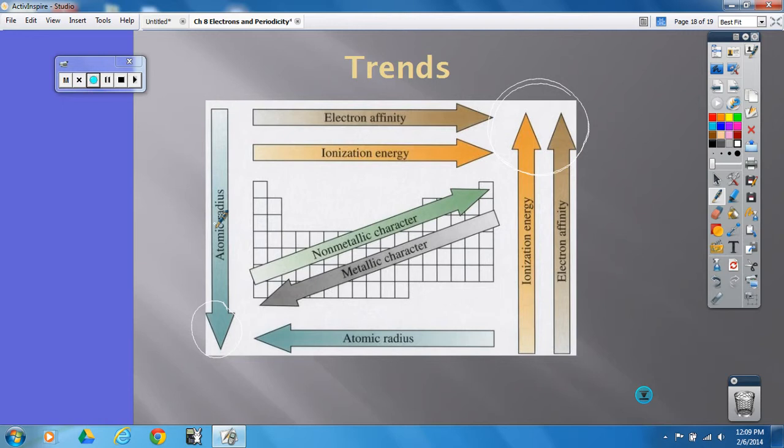Now, metallic character means characteristics of a metal. So what are some of the dominant characteristics of metals? Think about it. What do metals like to do? This is section 8.7, by the way.